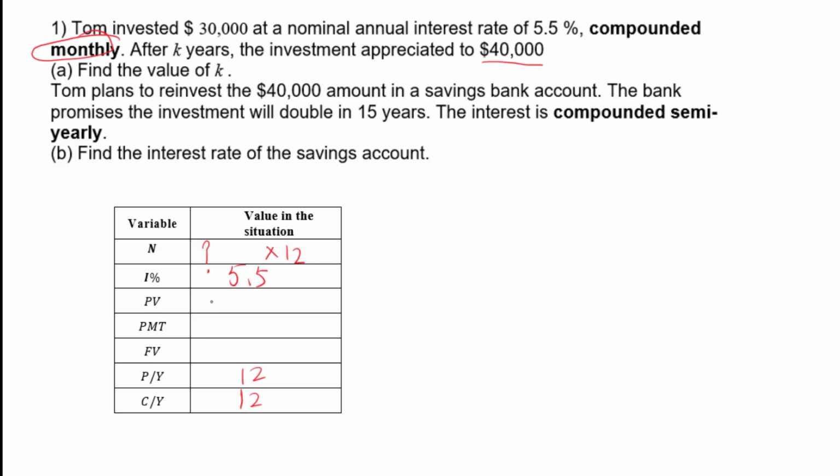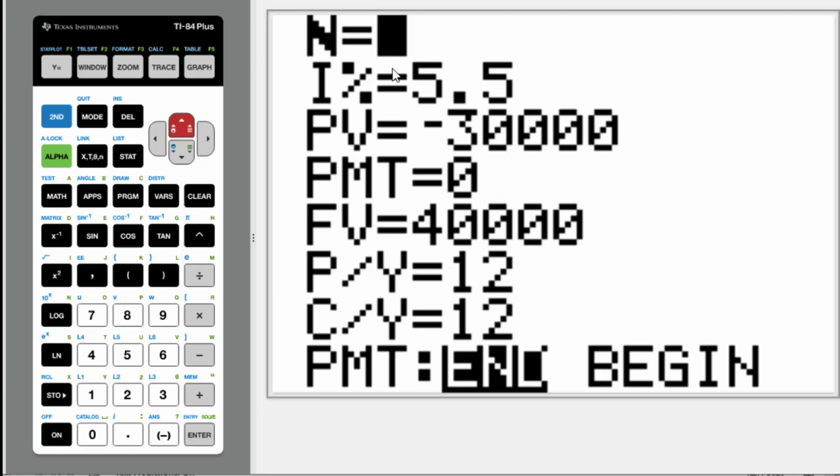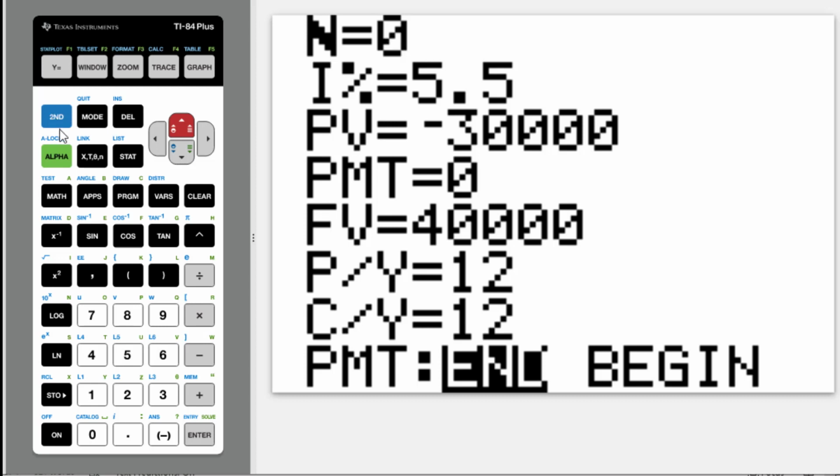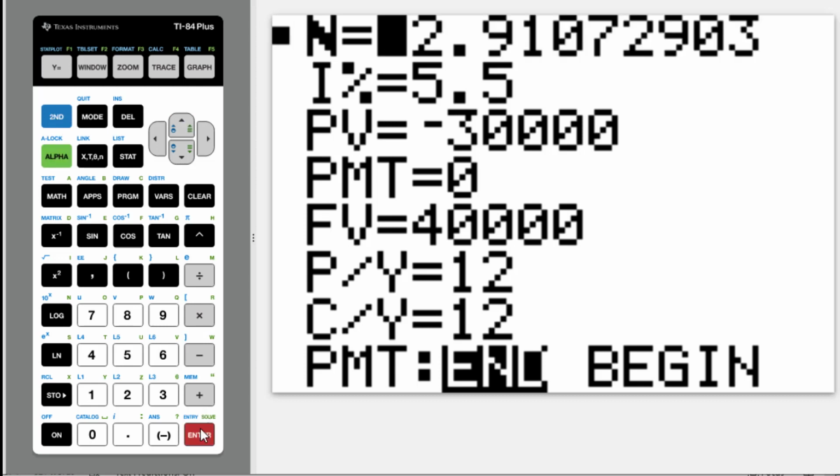That is you give away $30,000 first, so negative $30,000. PMT is 0. Future value will be 40,000. So go to this capital N, alpha, enter.